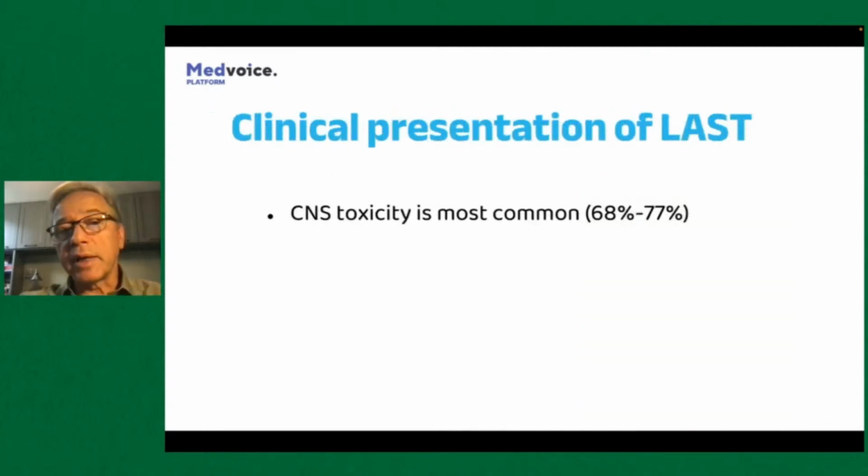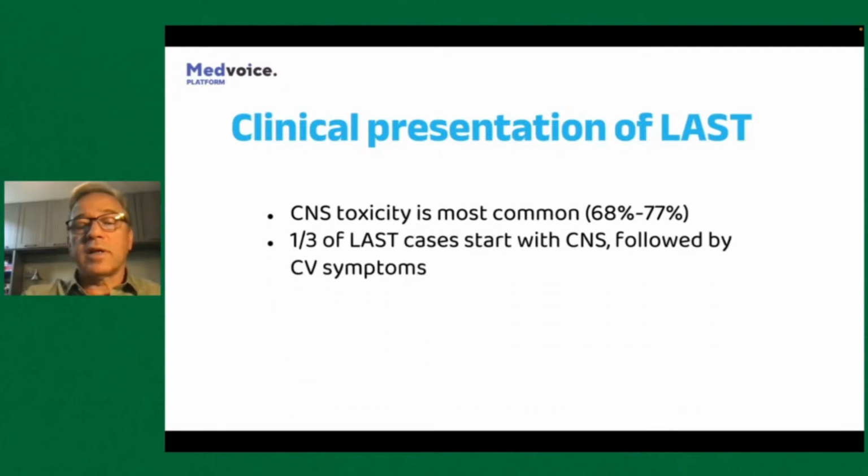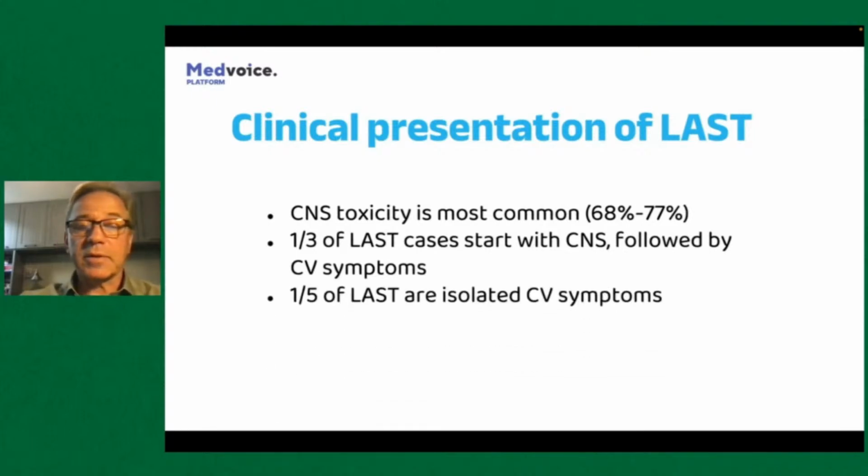Okay, let's talk about the clinical presentation of local anesthetic systemic toxicity. CNS toxicity is the most common, in 68 to 77% of cases. One third of cases start with CNS toxicity, followed by cardiovascular symptoms.